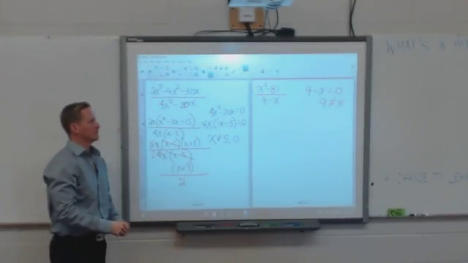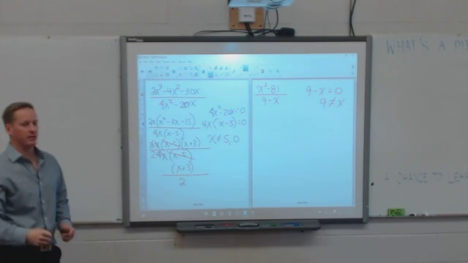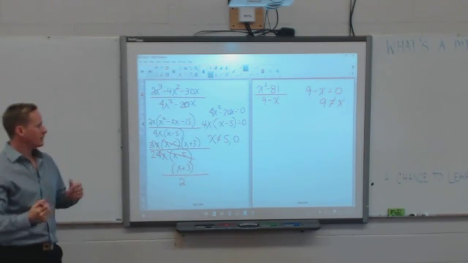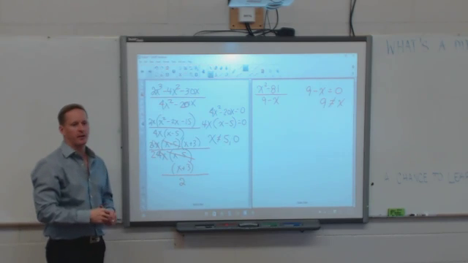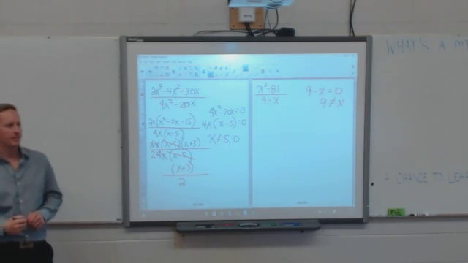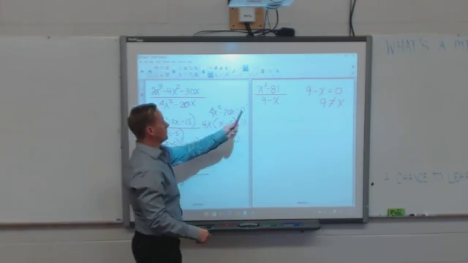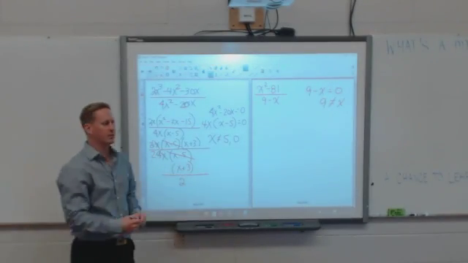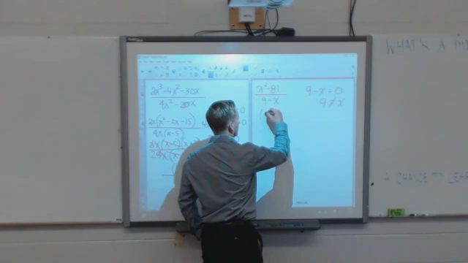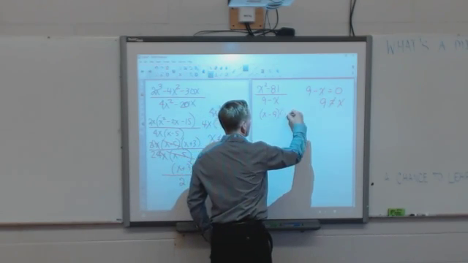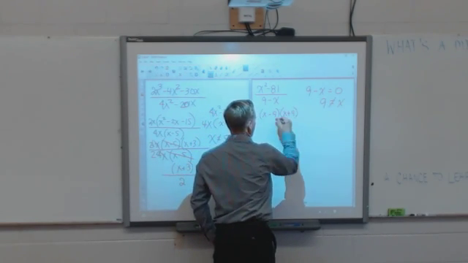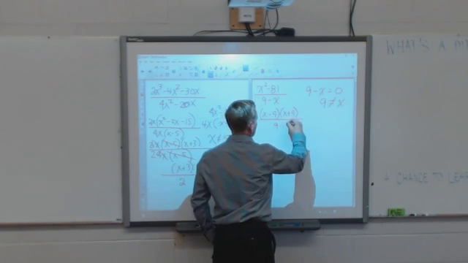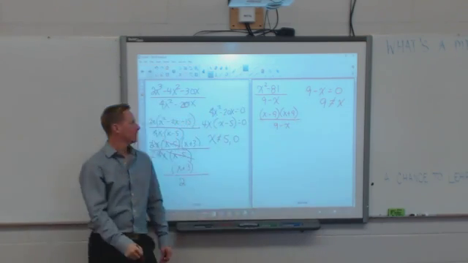So now, Laura, what do I do? Now I do my greatest common factor. So there's nothing that comes out of the top to the bottom. Okay? So factor the top for me. Difference of squares. So what does it factor to? Okay, and then the bottom is nothing, right?